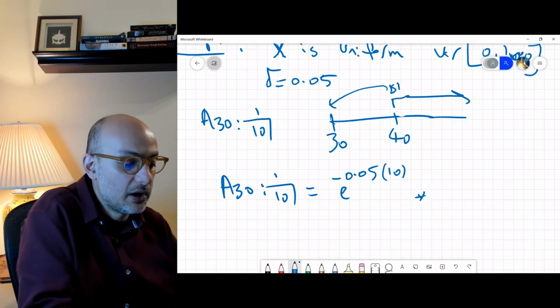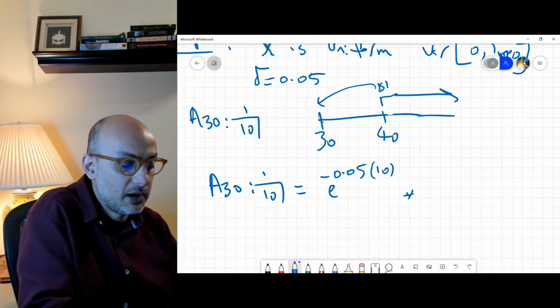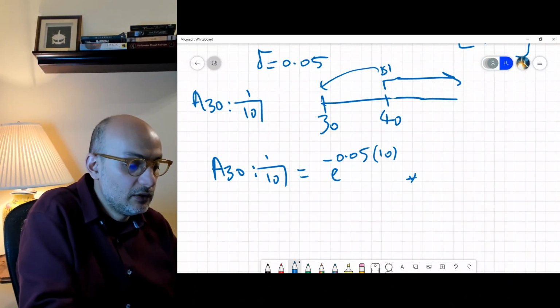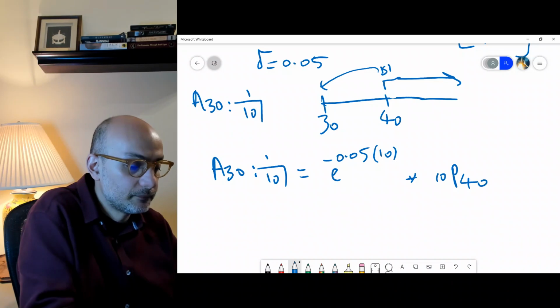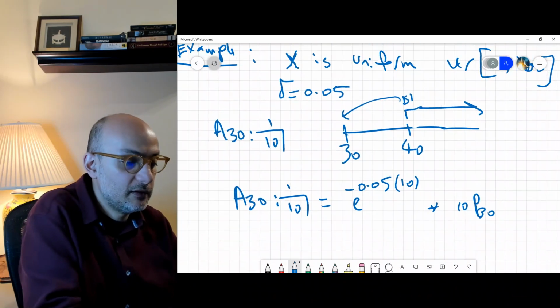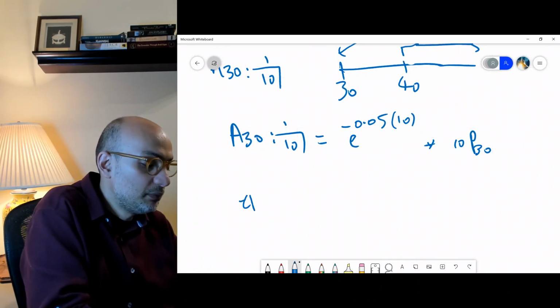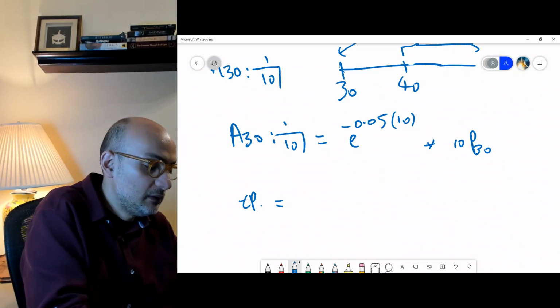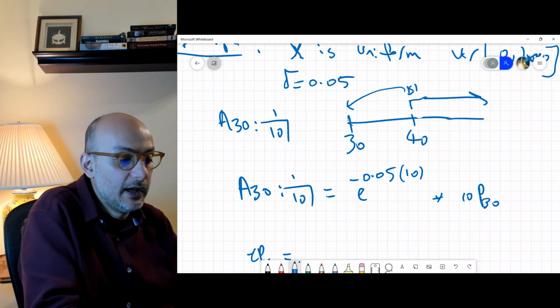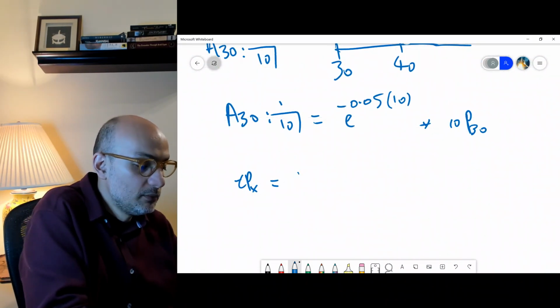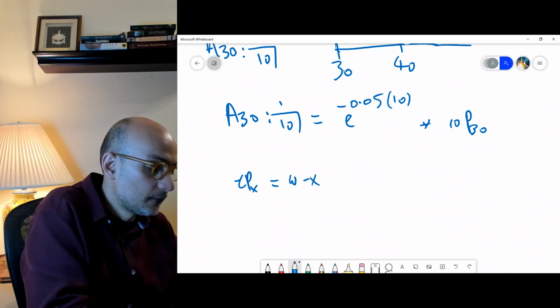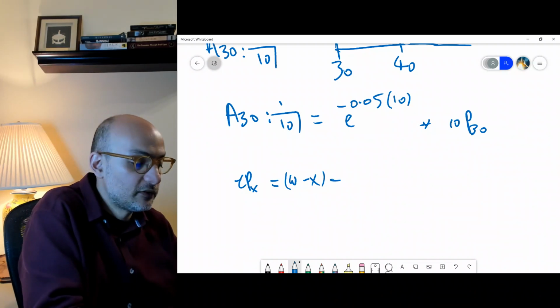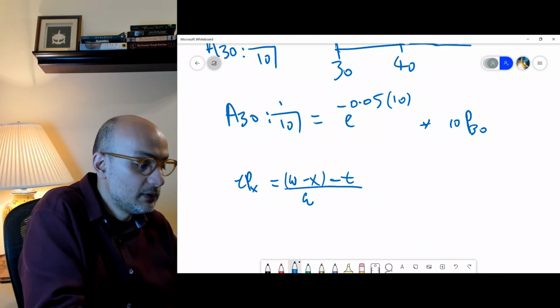Then we need the probability to survive. Payment multiplied by probability to survive. What is the probability, for a life age 30, of surviving 10 years? It's a uniform distribution, so let's have the general form. tPx for a uniform distribution from 0 to omega will be omega minus x minus t, divided by omega minus x.